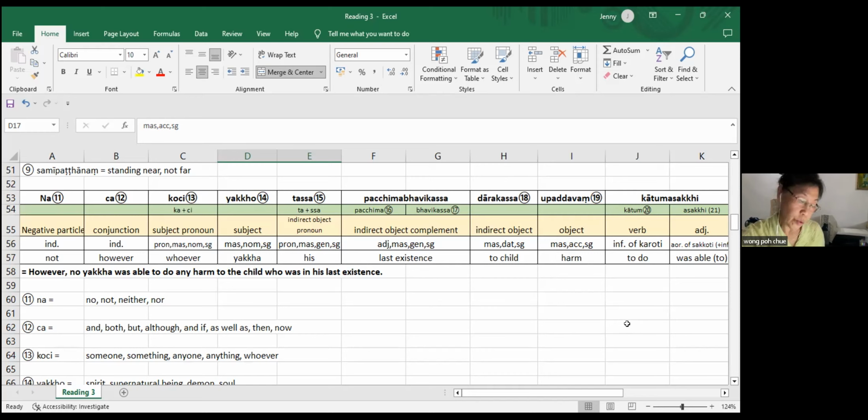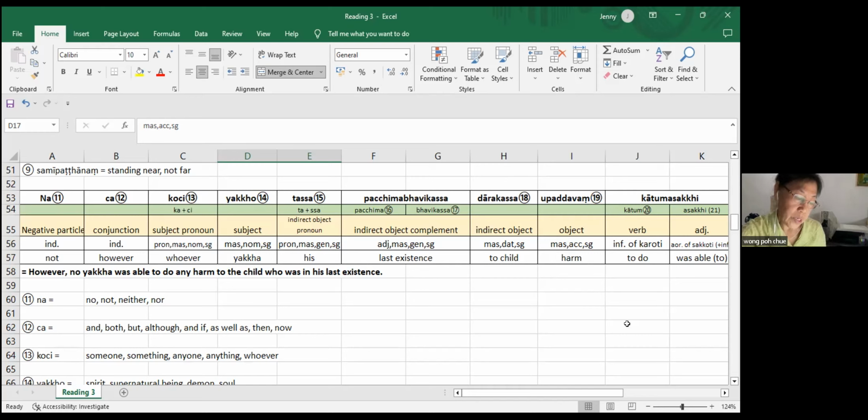And not able to do the last part. Upadawan here, already mentioned earlier, is the object, not able to do any harm. Not able to, you have this patum asaki. This is made up of patum and asaki.